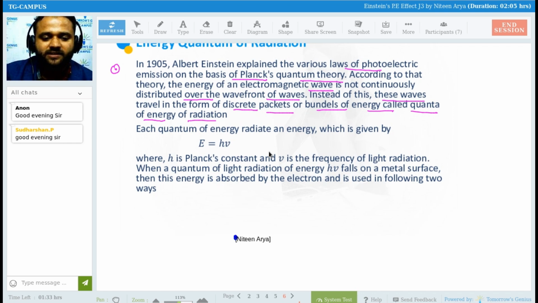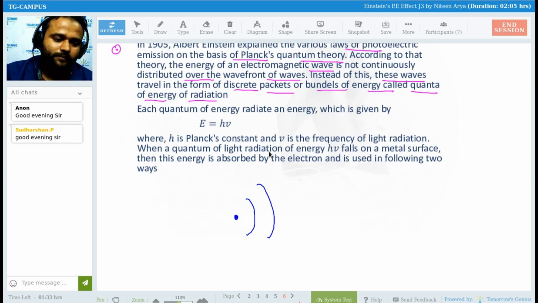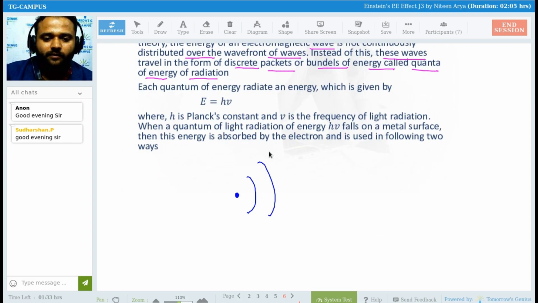In Huygens principle, we state that if there is a source, this source is going to give you a wavefront. Each single particle on the wavefront is a source of the next. So basically, in this case, the energy flows in a continuous manner. This is the flow of energy.